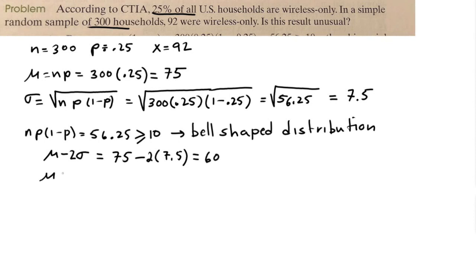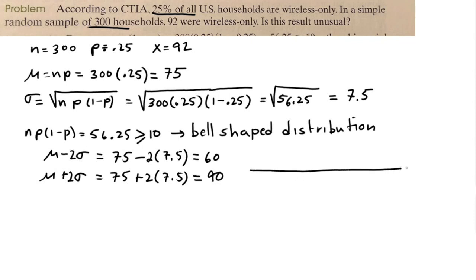And the mean plus 2 standard deviations is 75 plus 2 times 7.5, which is 90. So on a number line, if my mean is 75, then between 60 and 90, I'm going to have 95% of my data.